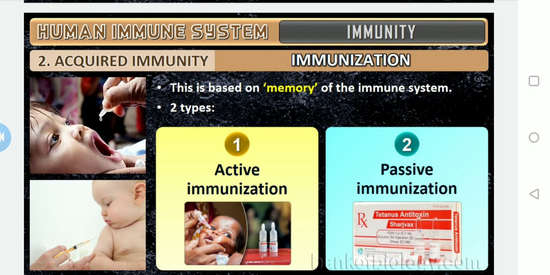When it comes to vaccines, generally we use this terminology. So what is a vaccine? An inactivated or weakened, we can also say attenuated or denatured, antigenic protein of the pathogens is called a vaccine.